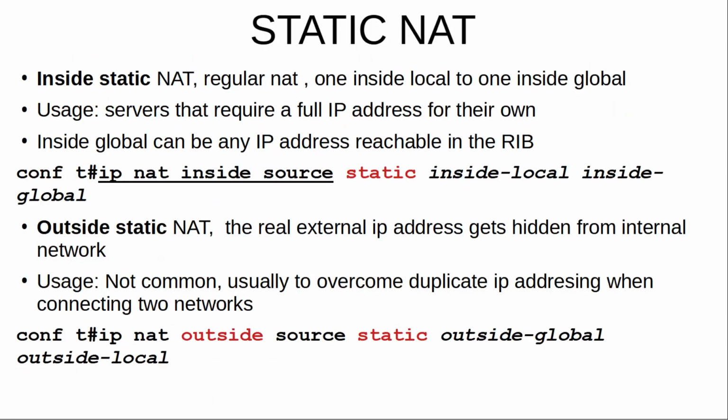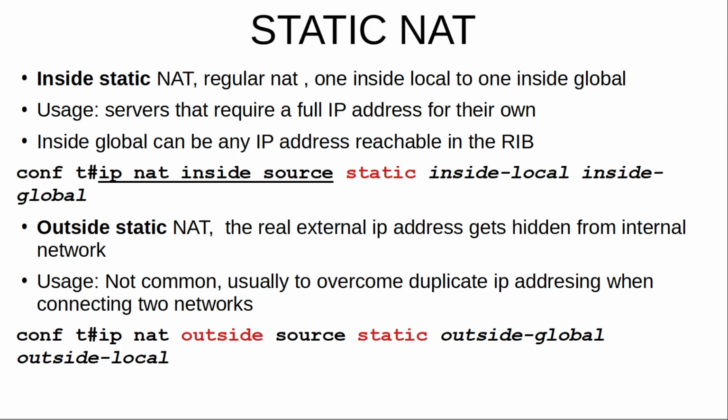So let's talk about types of NAT. There are several types of NAT. The first type is static NAT. With a static NAT, you will be translating IP addresses on a one-to-one way.